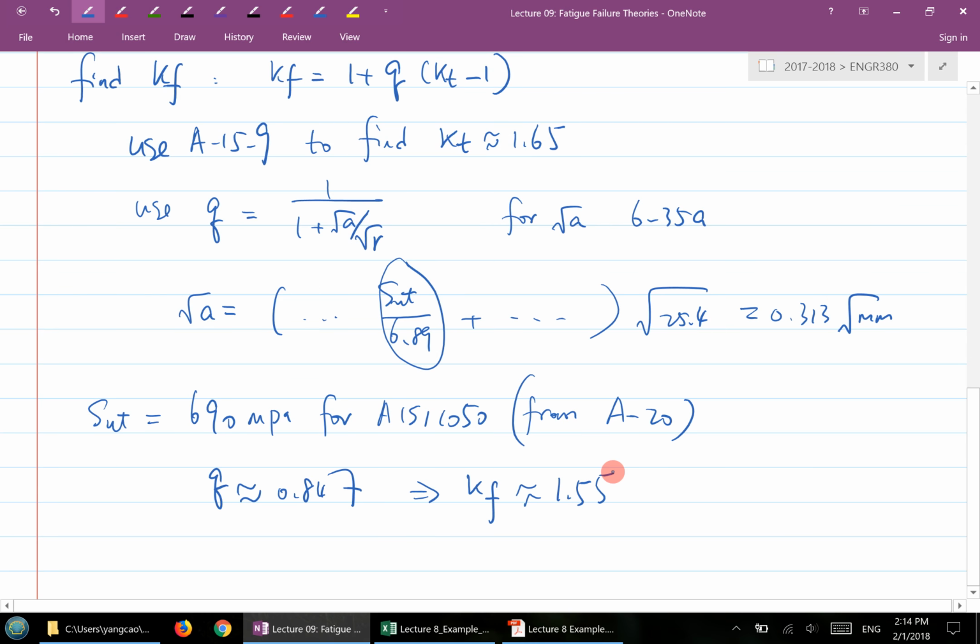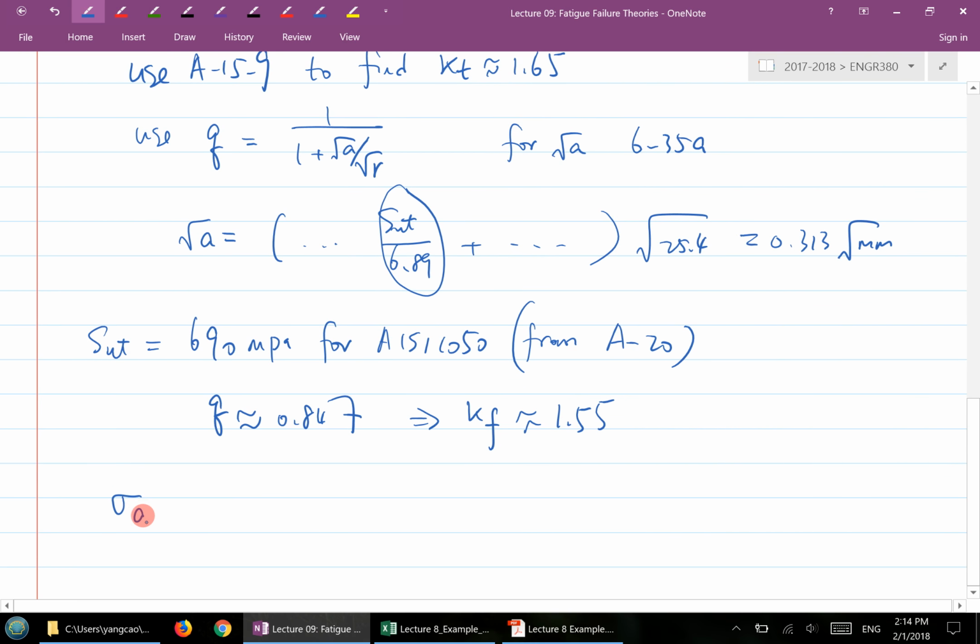Once you have Kf, you have your sigma A, the amplitude of the completely reversed stress. That equals Kf times M d over 2 over I, which is equal to 335.1 megapascal.